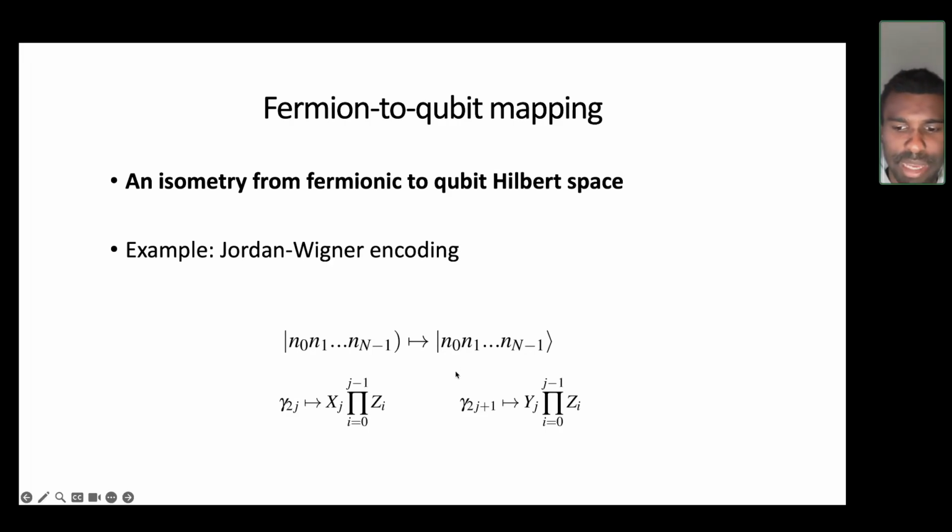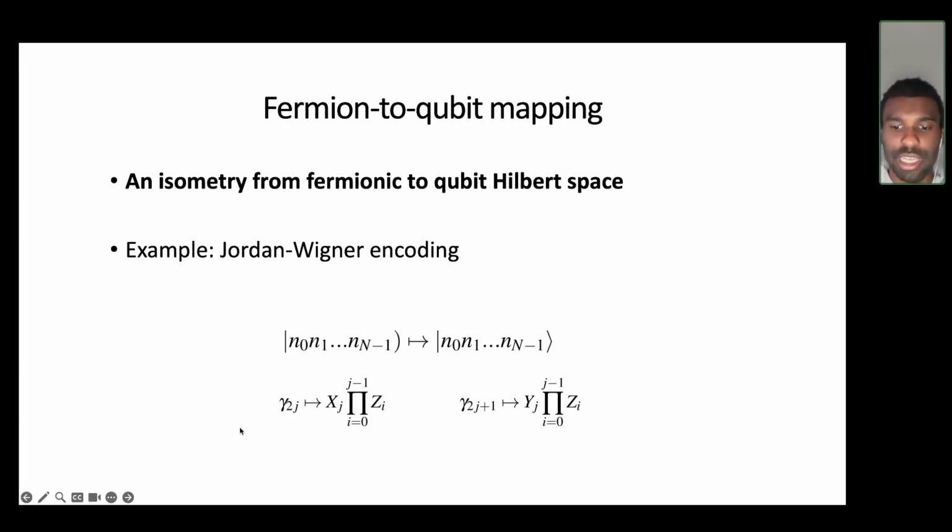What the Jordan-Wigner mapping does is it takes a basis vector associated with a bit string in the fermionic Fock space to the qubit state represented by the same bit string.